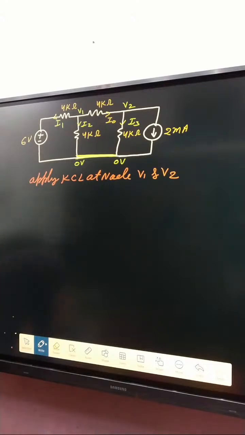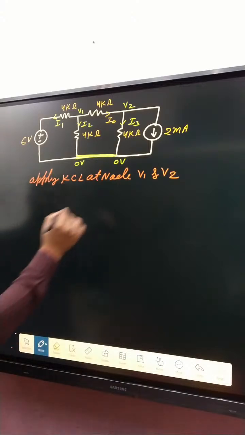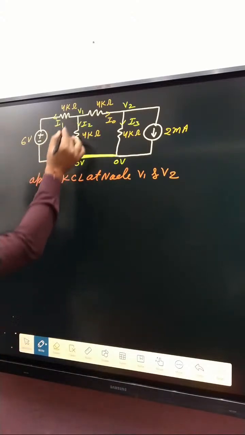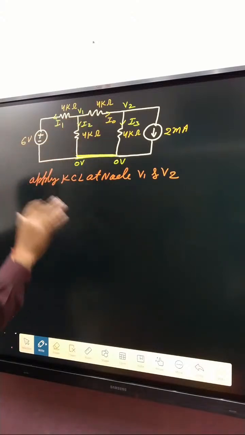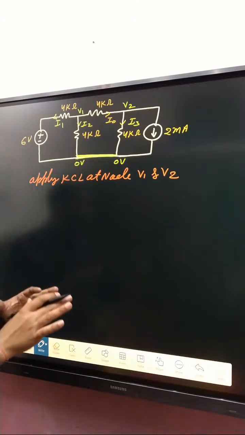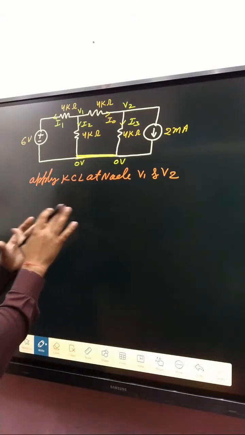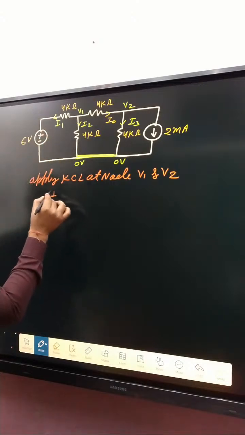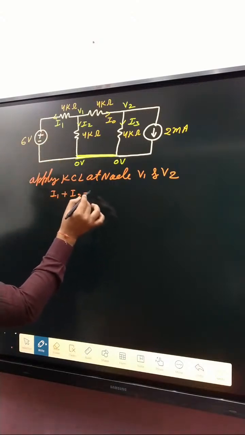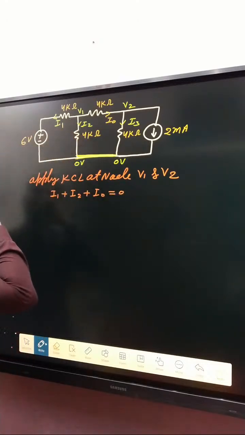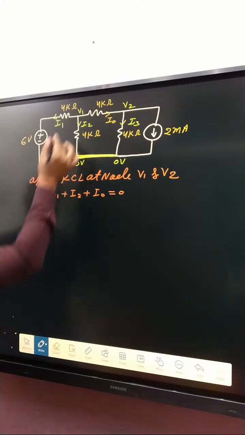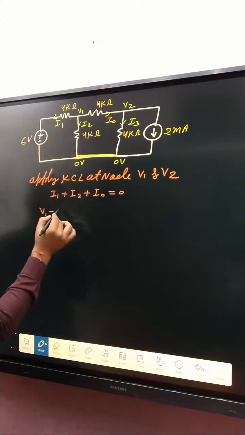What is the relation between I1, I2, and I3? There is no incoming current at that node. KCL says the sum of incoming current equals the sum of outgoing current at any node. So I1 plus I2 plus I0 is equal to 0. What about I1? I1 is V1, the initial voltage, and that one is the final voltage 0.